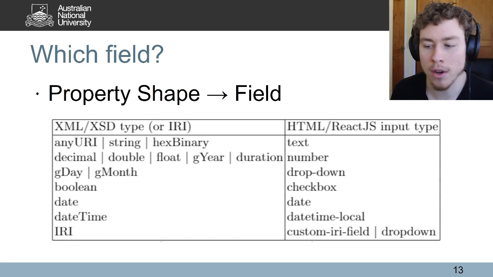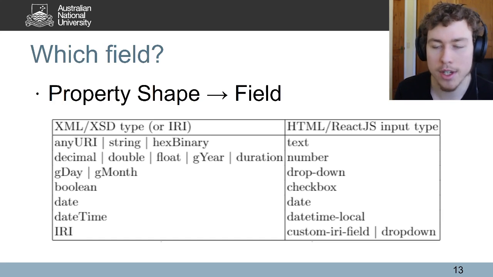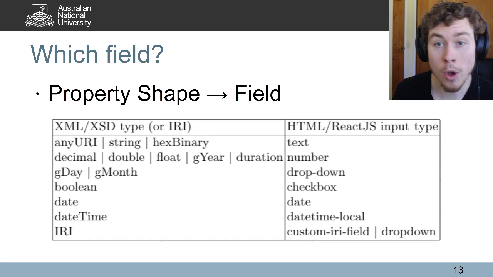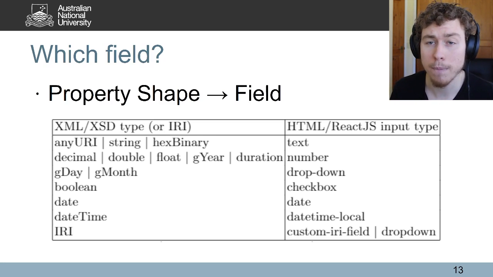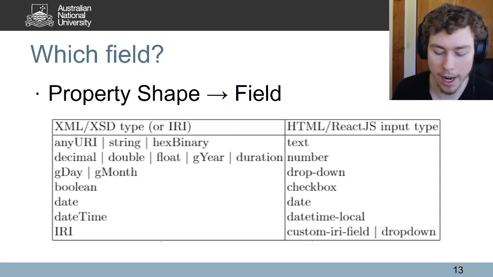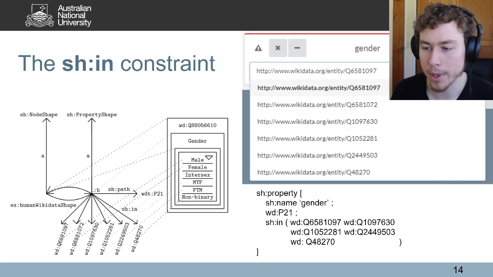If it's a string or a URI, we just provide a text box, booleans, checkboxes, and so on. And for URIs, we actually provide a slightly more customized box where you can select prefixes and then put in the fragment after that. We also look at the validation constraints within that particular property.